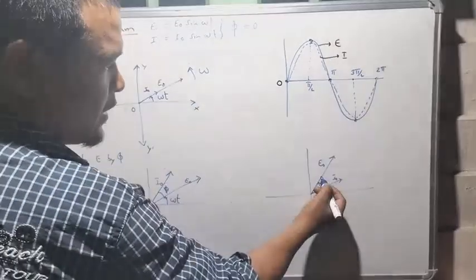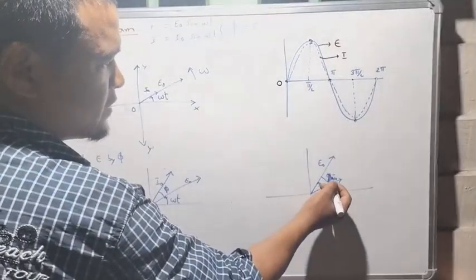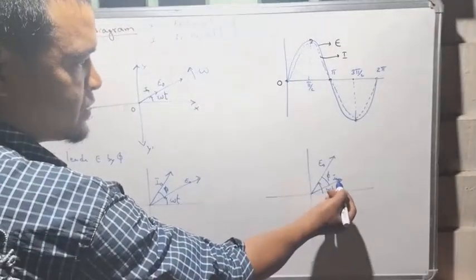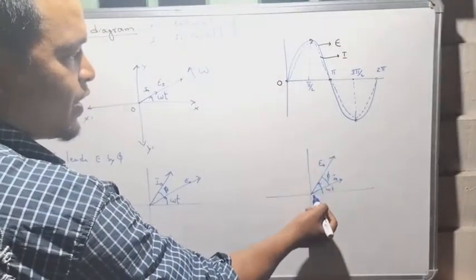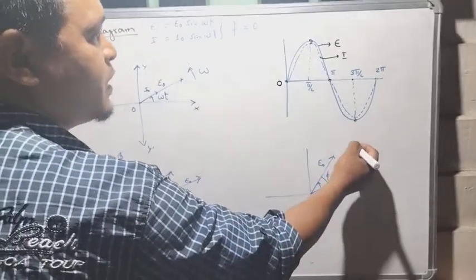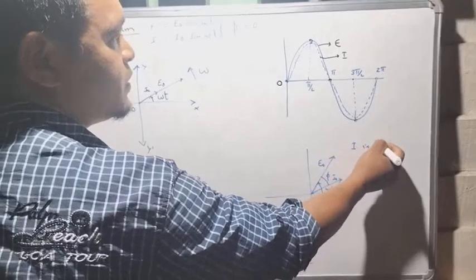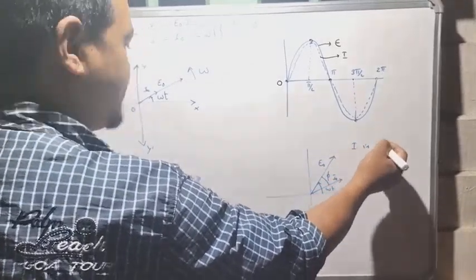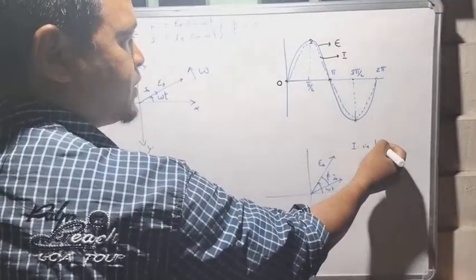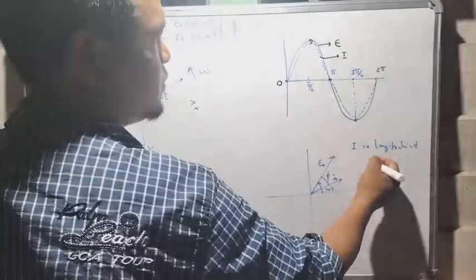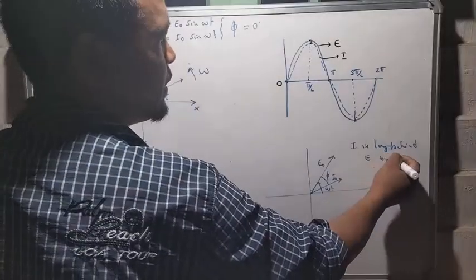And if this angle here, let's say it is phi, then I can see here that because E naught is above and I naught is below, it means the current I is lagging behind E by an angle phi.